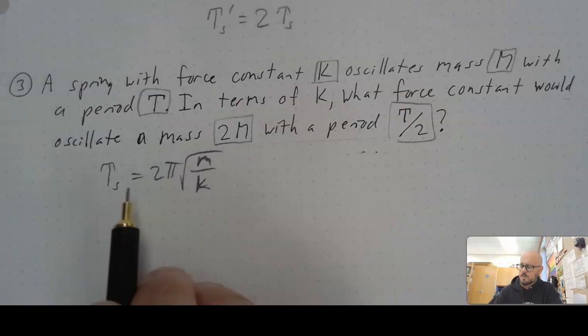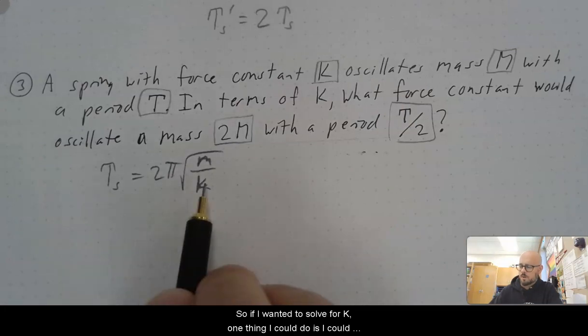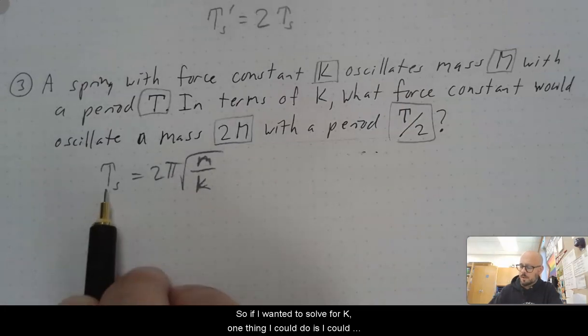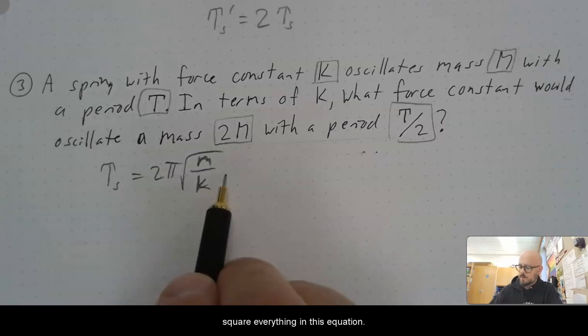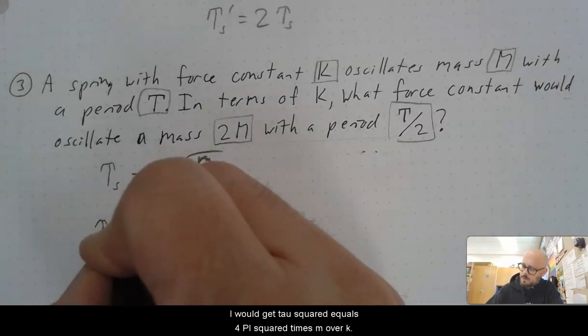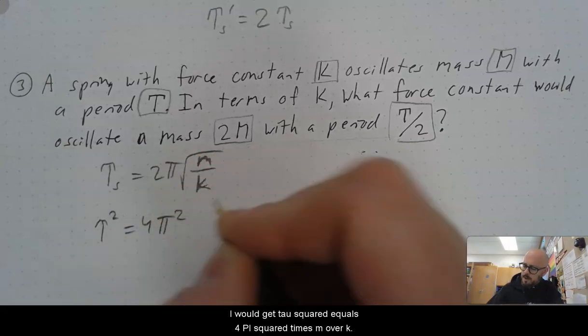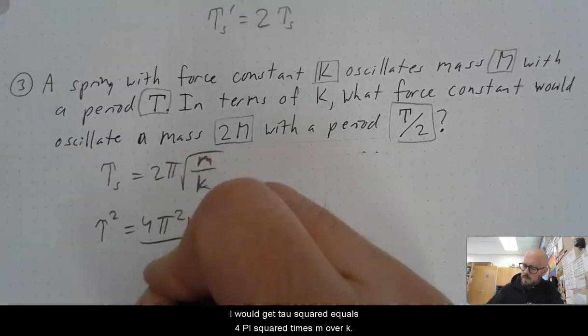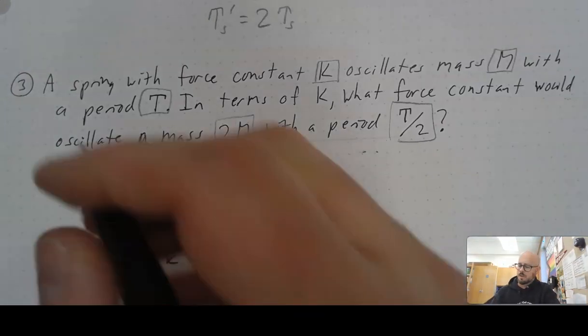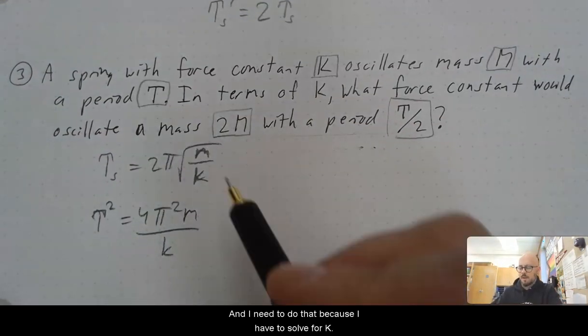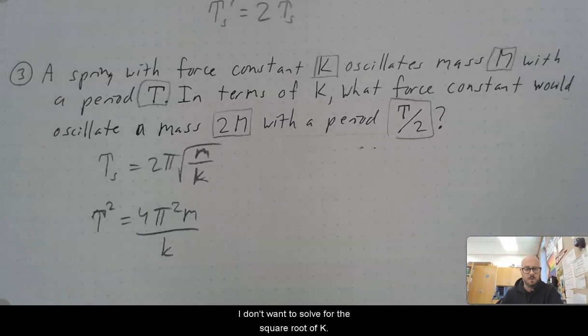And here we go. So if I wanted to solve for k, one thing I could do is square everything in this equation. I would get tau squared equals 4 pi squared times m over k. And I need to do that because I have to solve for k. I don't want to solve for the square root of k.